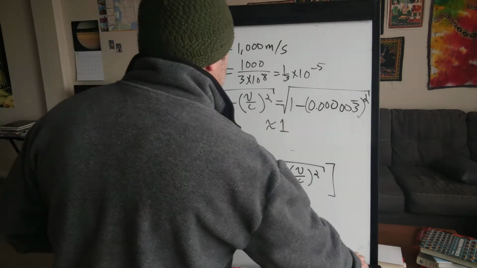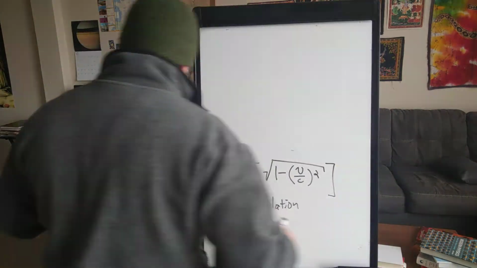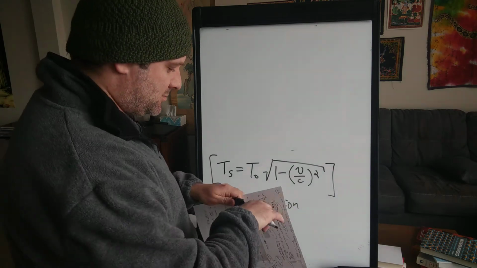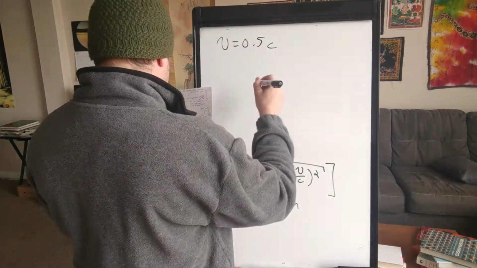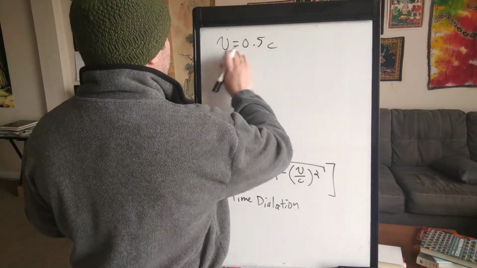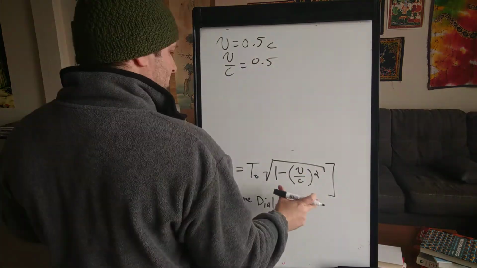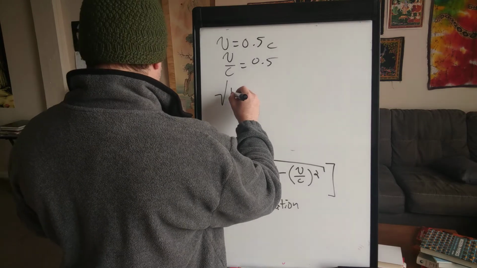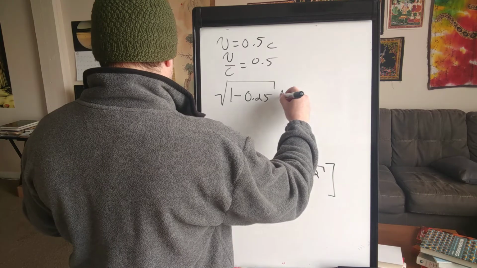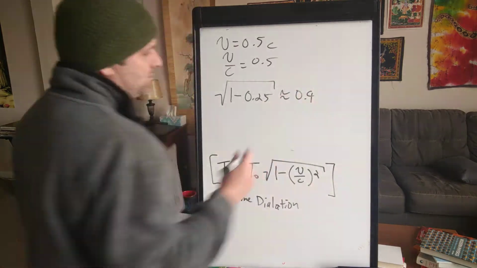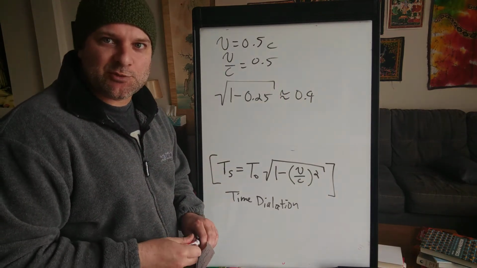Okay, how about if we think we're moving at half the speed of light, which is very fast. So if we say v equals 0.5 c, then v over c is 0.5, and then going down here, square root of 1 minus 0.25, which is 0.5 squared. This is about 0.9. Okay, so now we can see a small effect. This is a little bit different from 1, 0.9.